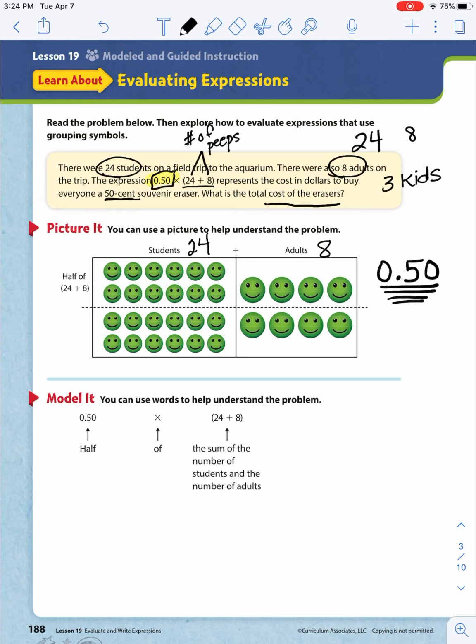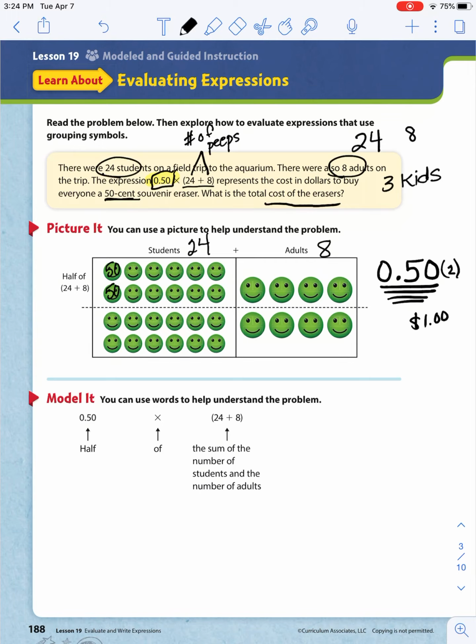Okay, hopefully your brain got to working. If each eraser is 50 cents, I know that 2 erasers is $1. And if we can make them $1, that's a lot easier to work with, right? So if we do these in pairs, we can easily count dollars. So look, 50 cents and 50 cents.